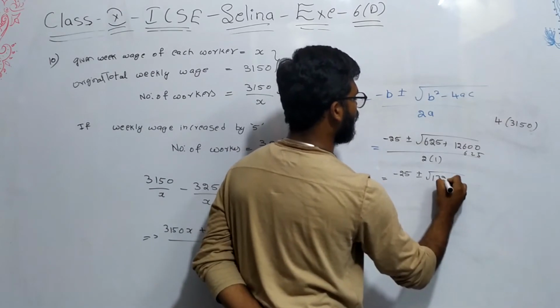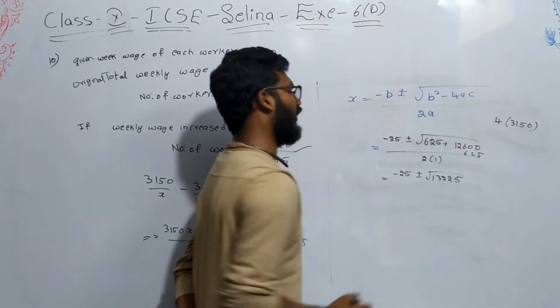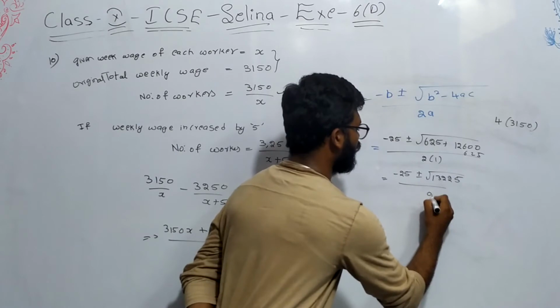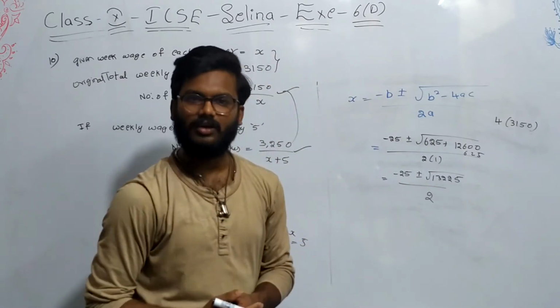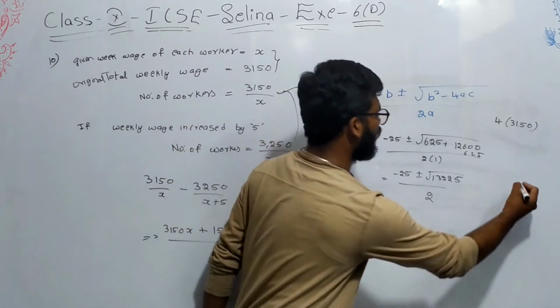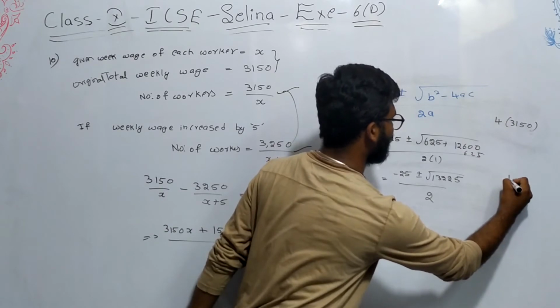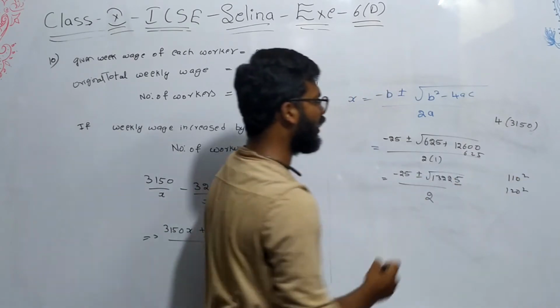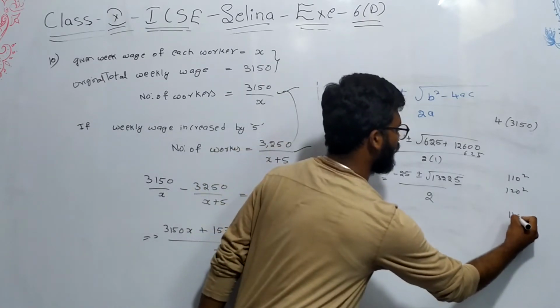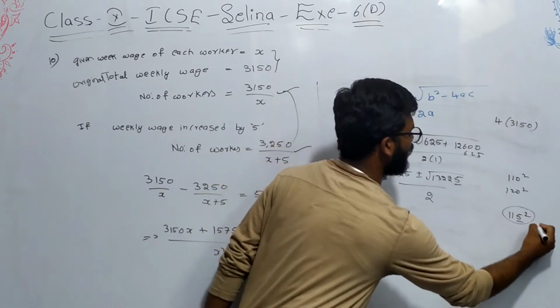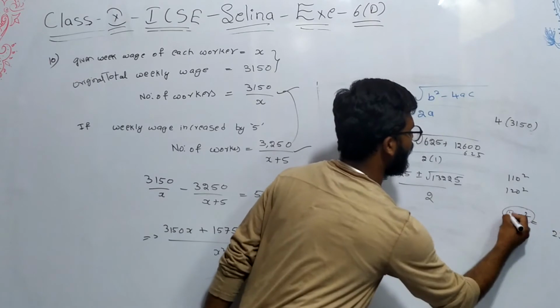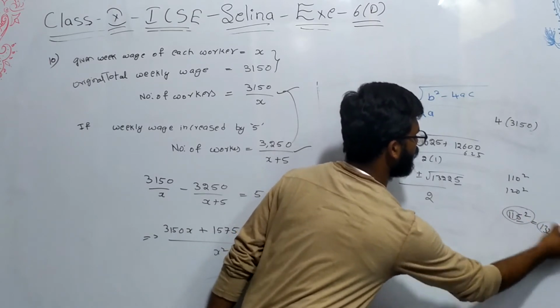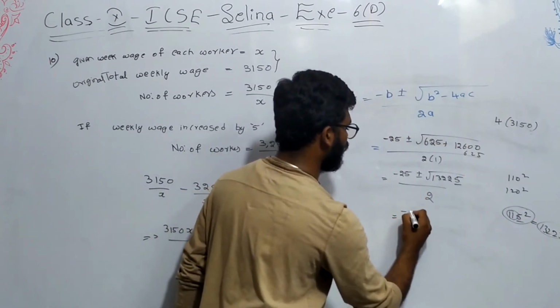We have to find the square root of 13,225. It comes nearly in between 110 square and 120 square, and with 5 in the units place, it is nothing but 115 square. If you want, you can check: 5 fives are 25, 11 into 12 is 132. So it is the square root of 13,225, which is 115.